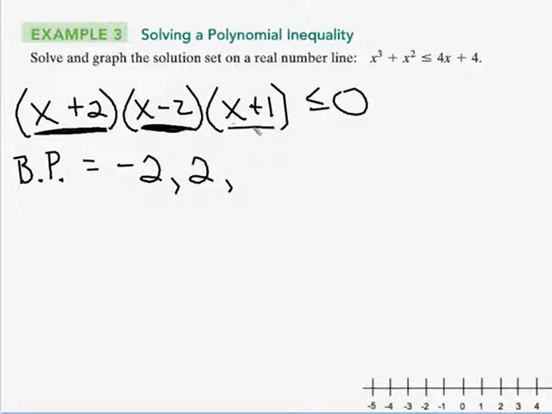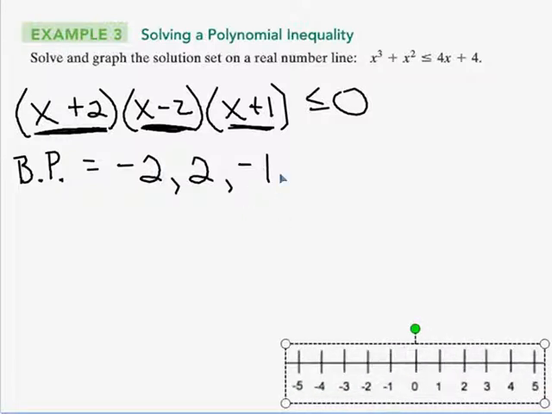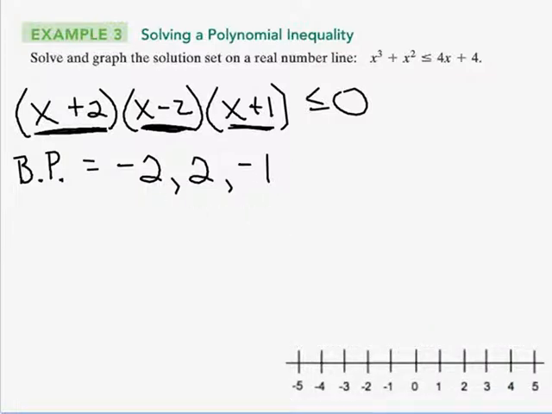And then here again I would set it equal to 0, and subtract 1 from each side and get negative 1. So we do have some boundary points. I do see a little bit of a problem. Two of them are consecutive, a negative 1 and a negative 2. So we will have to evaluate a factor to see what happens to our function in there. But let's put our boundary points down. We got a negative 2 and a negative 1 and a positive 2.